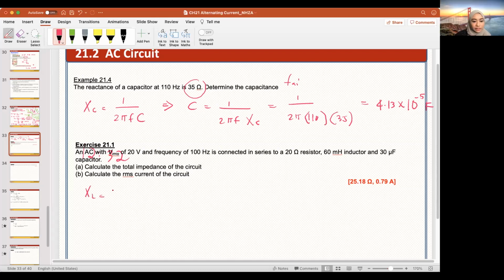Okay, so how did you find the XL? 2 pi FL. Okay, 2 pi, your F is 100. This is your F. L is this guy, 60 millihenry. Okay, that's your first step. Okay, so what did you get for this one?